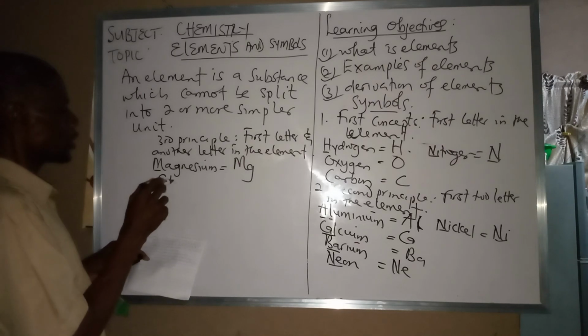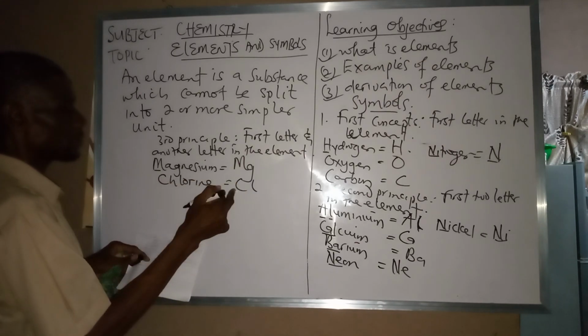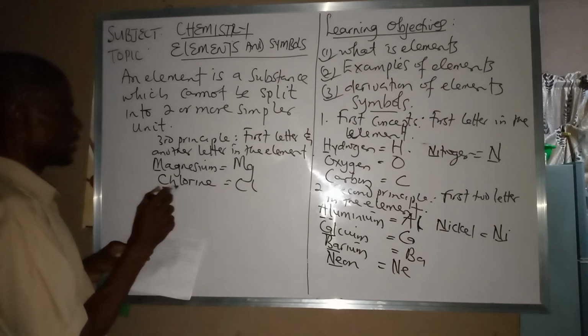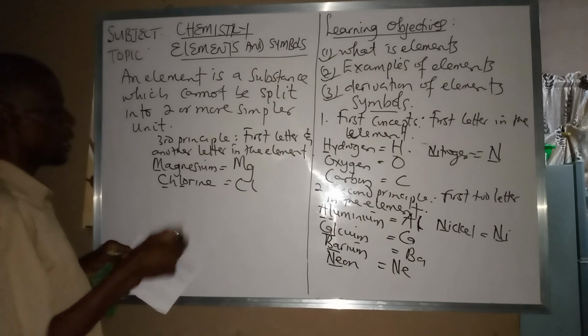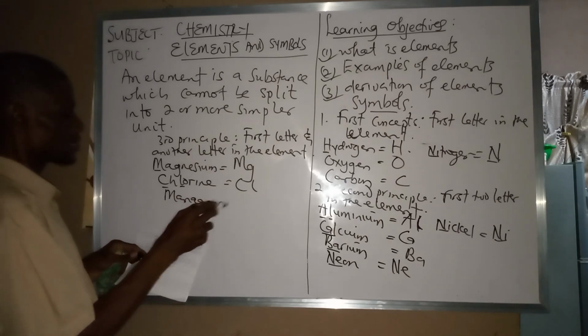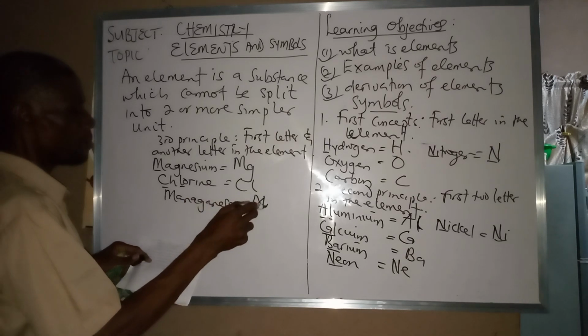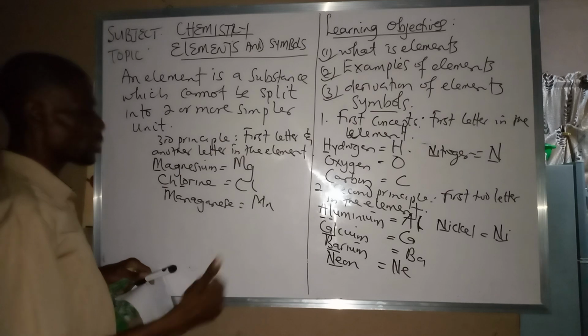What about chlorine? Chlorine is what? Cl. Capital letter C, small letter l. Cl. Okay. You also have manganese. Mn. Okay. So these are some of the things we are talking about.